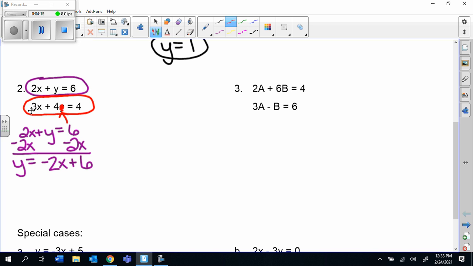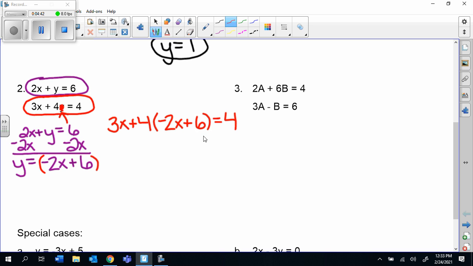So I'm going to start off with the 3x. I'm reading straight off this equation, 3x plus 4. But instead of writing that y, I'm going to write this negative 2x plus 6 piece. Don't know why I chose to do this in red. And then multiply through, and we're going to solve it for x.